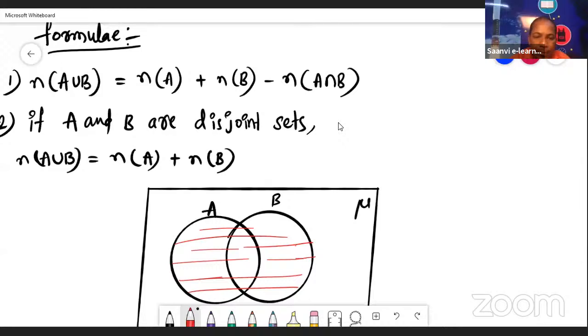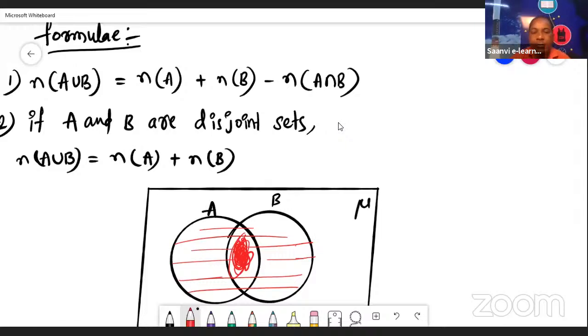But in this area, set A is included and set B is also included. Already in the beginning we have taken set A and set B completely. But again in this middle area, it is the A intersection B area, in which set A is included and set B is also included.